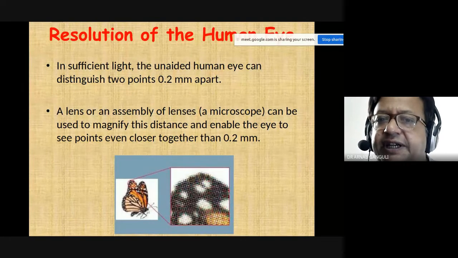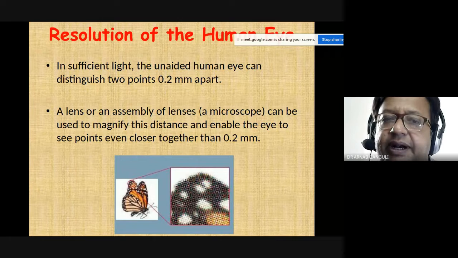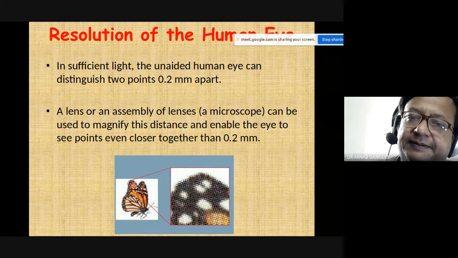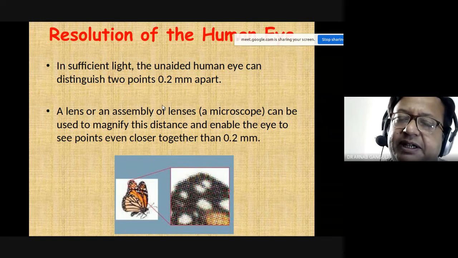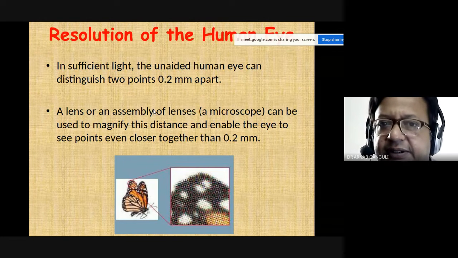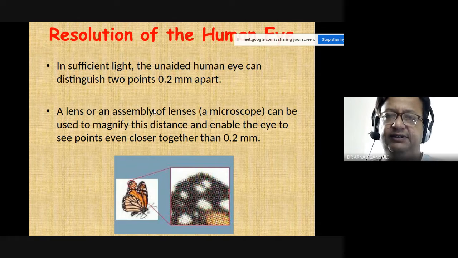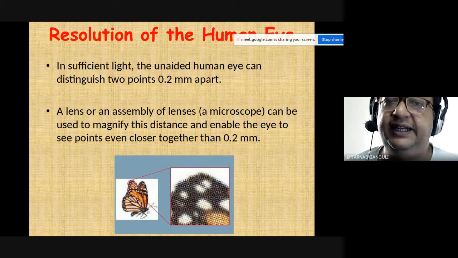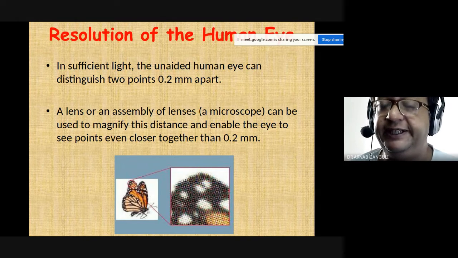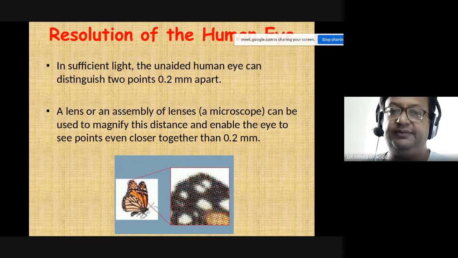In sufficient light, an unaided human eye can distinguish 2 points 0.2 millimeters apart. If your eyes are good and you have sufficient light, you can distinguish between 2 points, and that is the resolution.